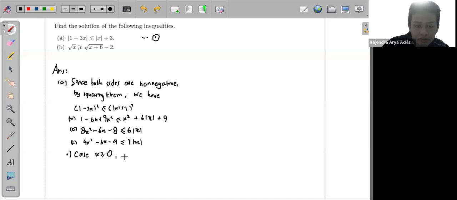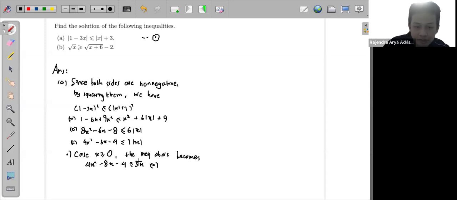So the inequality becomes 4x squared minus 8x minus 4 less than or equal to 3x. Okay, we can simplify it.